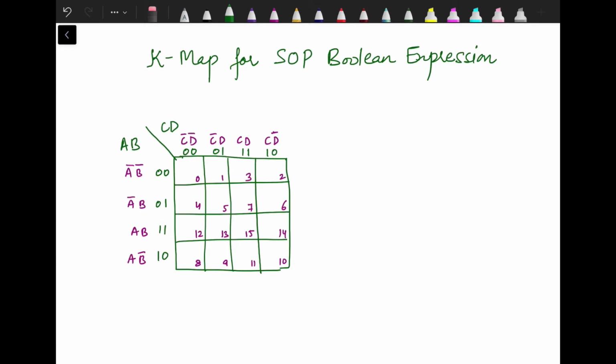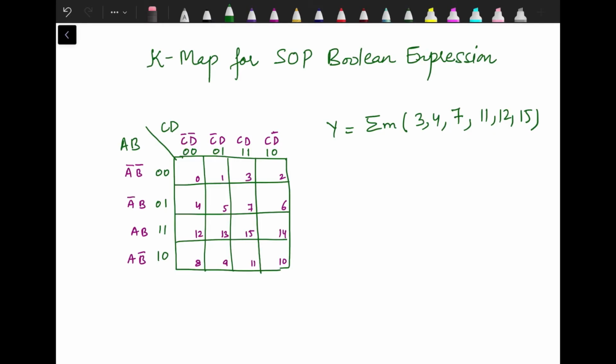Let's take an example over here for the 4 variable problem. Say we are given a few minterms: y is a function of 4 variables and it is given as summation m 3, 4, 7, 11, 12 and 15.